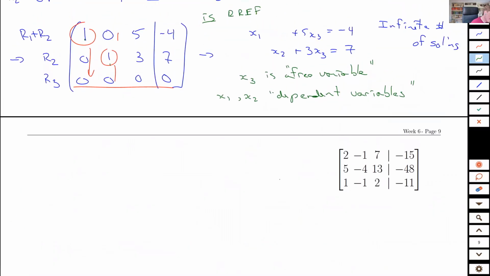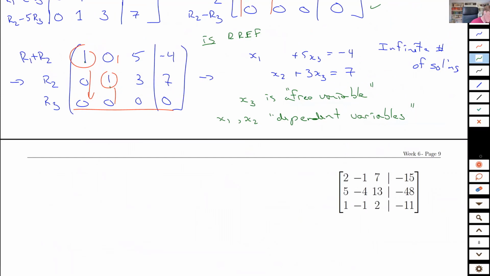There we go. So why do I say x3 is a free variable? We're going to get more specific about that for the matrix form, but for now the intuition is I can write x1 equals some stuff, x2 equals some stuff. And so I can pick x3 any way I like, equal to 1, for example.